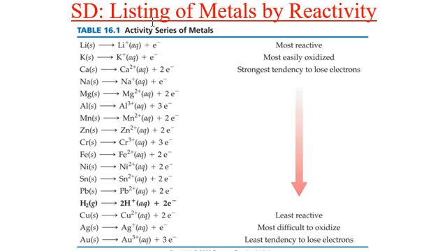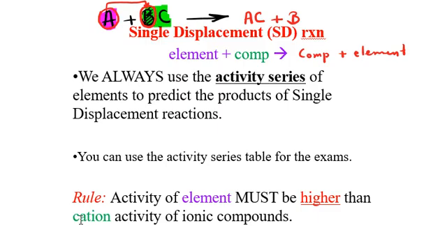For our class, we are going to focus on the activity series of metals to answer single displacement reactions. As you see here, we have a list of metallic elements, and we assume that hydrogen is among our metal elements because it's placed in group number 1.